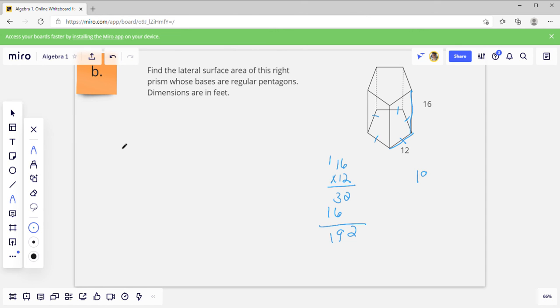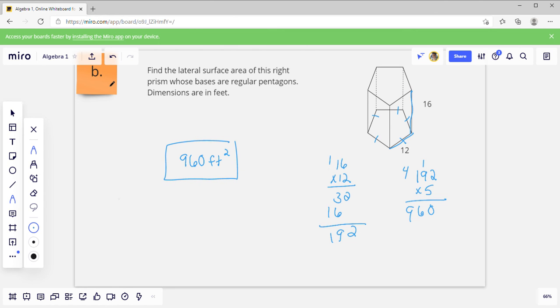So we're going to say 192 times 5. 5 times 2 is 10. 9 times 5 is 45, 46. 5 times 1 is 5, 6, 7, 8, 9. 960 feet. So there's the answer to that one.